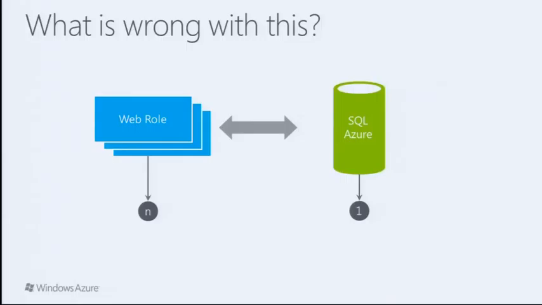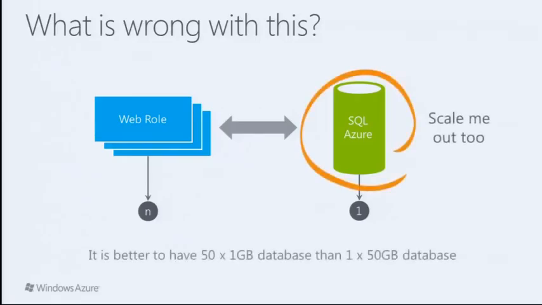And one of the concepts you've got to grasp when you're working with the cloud is that you've got to scale out everything. So this is my first piece of advice to you: if you're building an app and you have multiple web instances running, do think about scaling out the database. And just as an example, people get hung up on, hey, SQL Azure limits 50 gig or 150 gig.